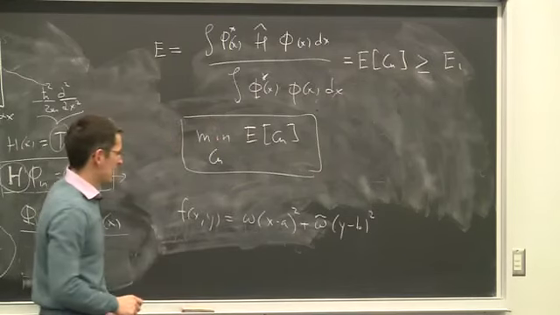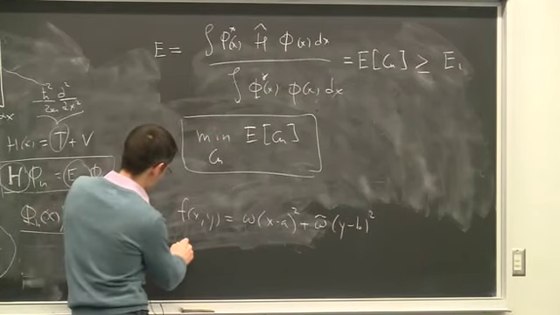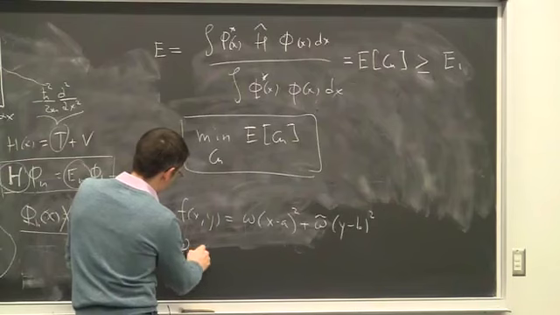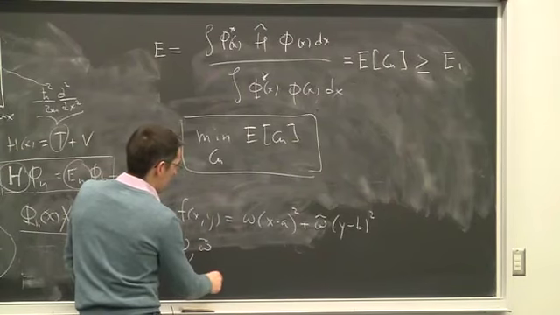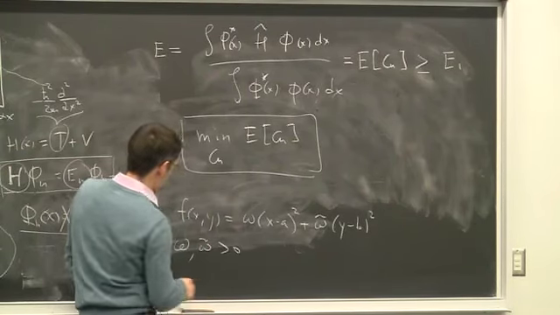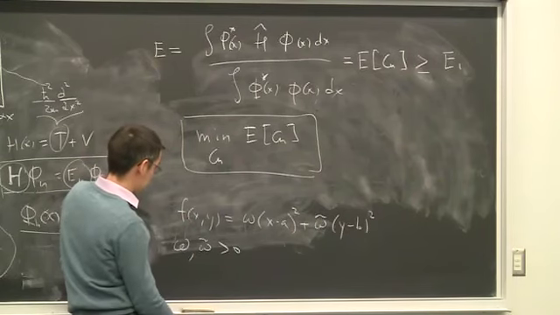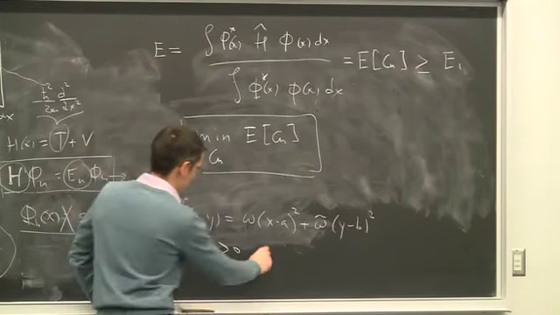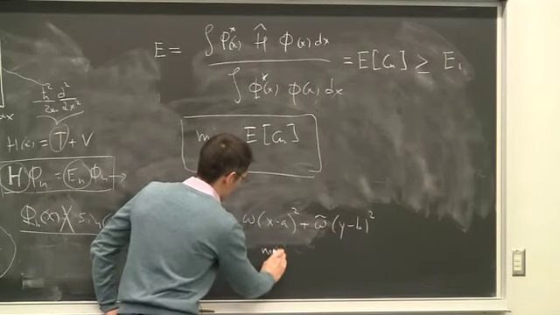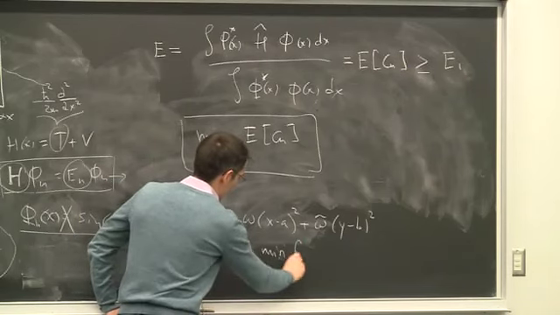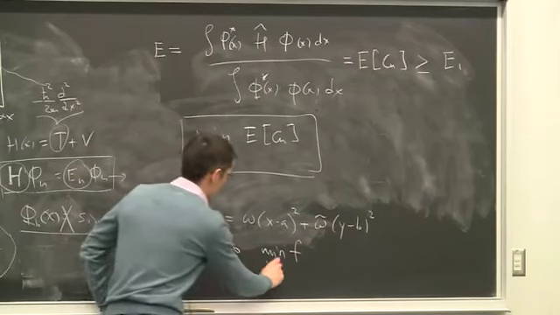What's the minimum of this function? Presuming that omega tilde are more than 0, they're positive. And yeah. So how do we find the minimum of the function f with respect to x and y?